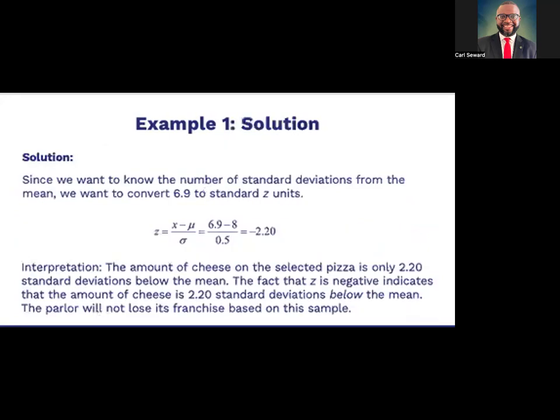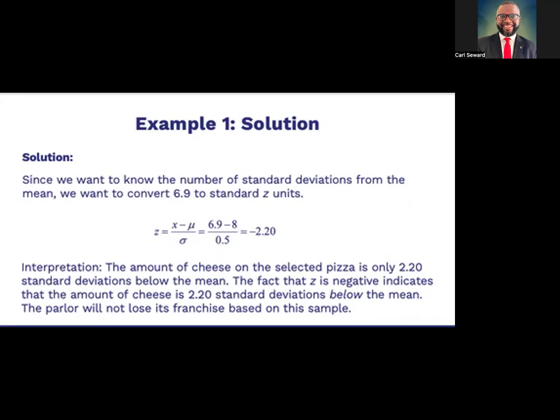Let's see. Since we want to know the number of standard deviations from the mean, I'm going to convert 6.9 to a z-score. So I'm taking that x value, and you will remember 6.9 was the amount of ounces of cheese that I'm using for my pizza. So I'm going to say the z-score is equal to x minus mu divided by sigma. So that will be 6.9 minus 8 over 0.5.